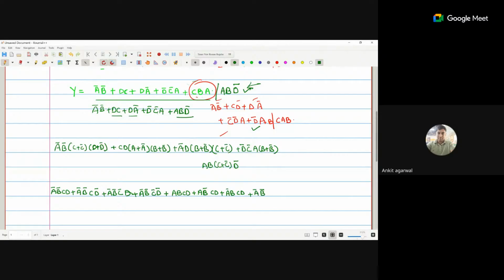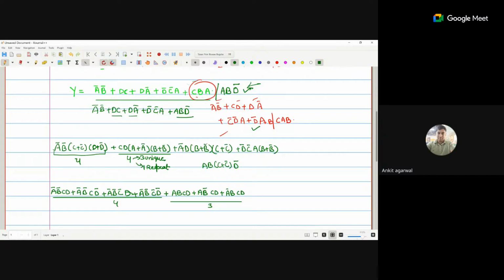Now A bar, B bar, C, D is also available, so I am not writing that. So 4 terms from here, from this one 4 terms, but 3 unique terms and 1 repeated term. That's why 3 terms.